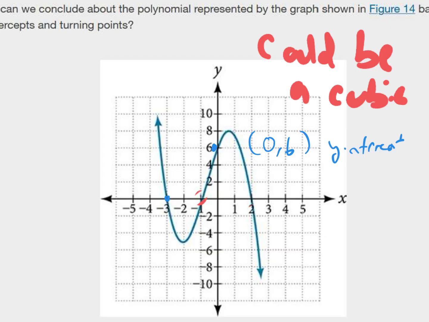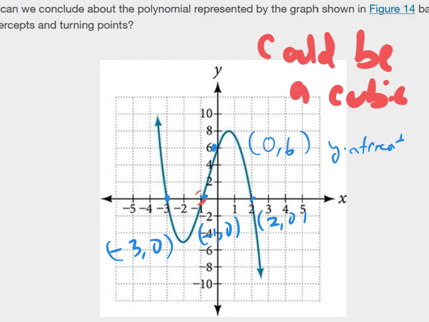I'm going to call this one -3 an x-intercept, and this one is a -1. This one I call a 2. So that's not too bad.